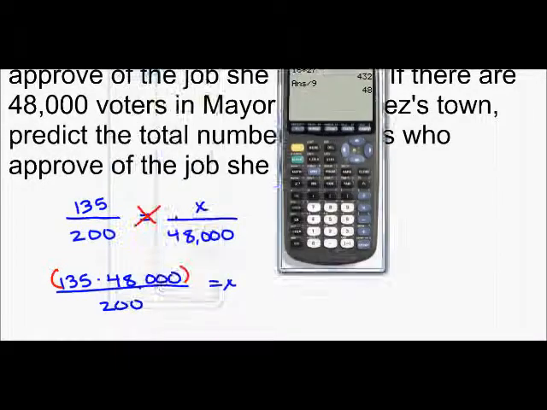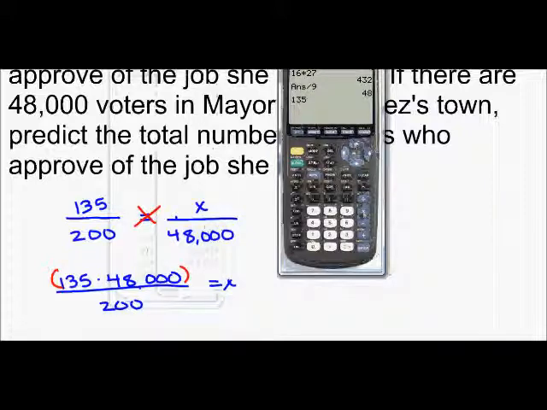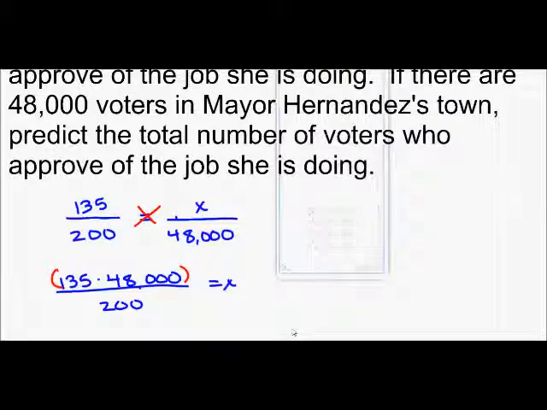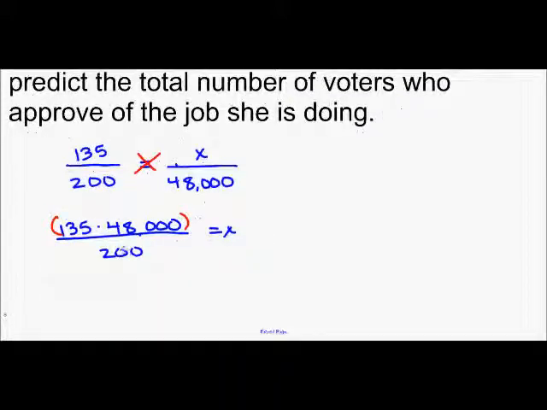So 135 times 48,000 is a big number, so 6,480,000. Divide that by 200 and we get 32,400. So X is 32,400.